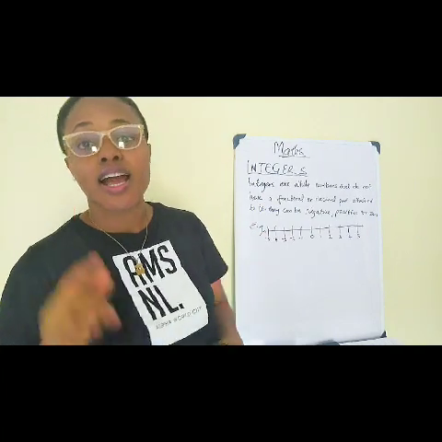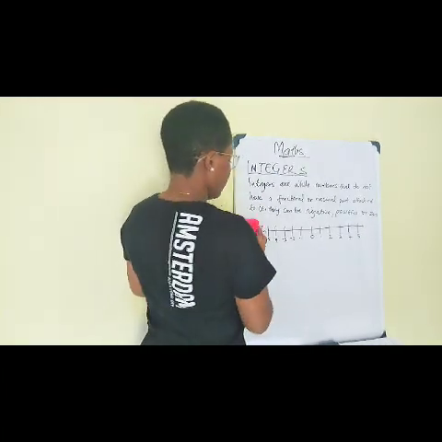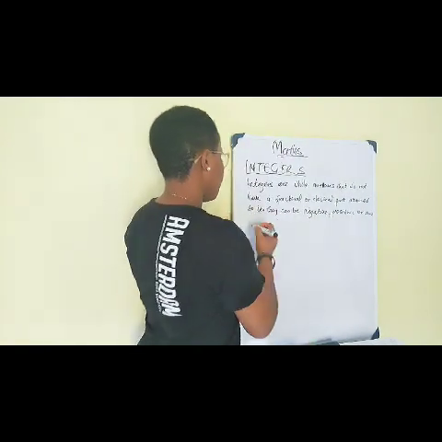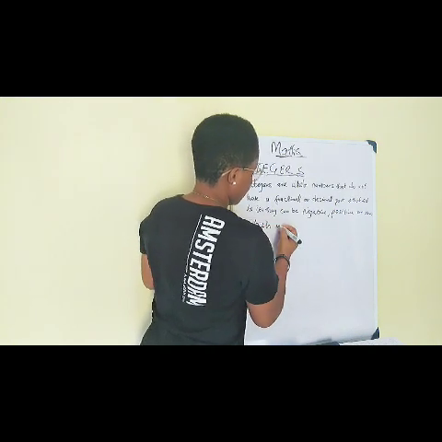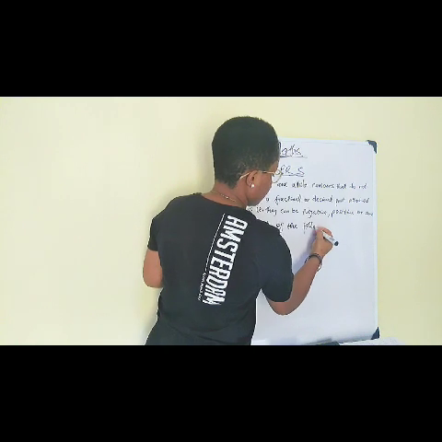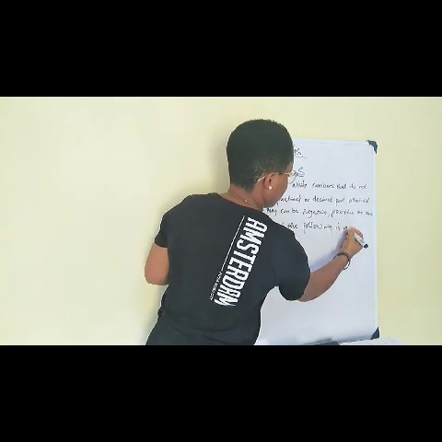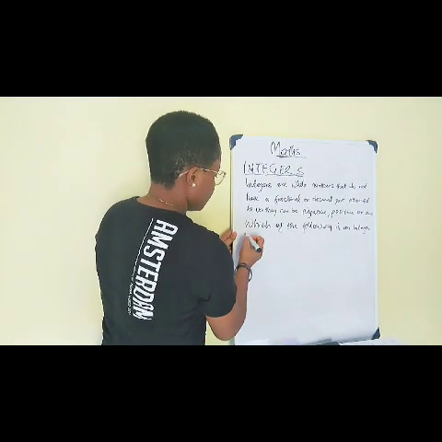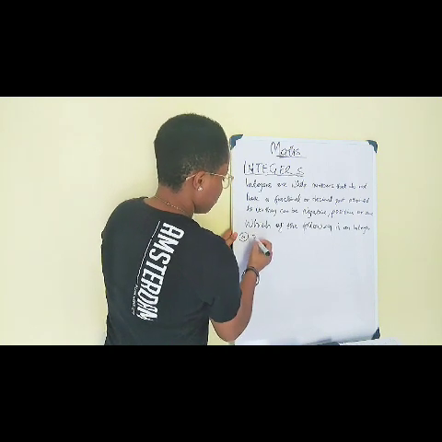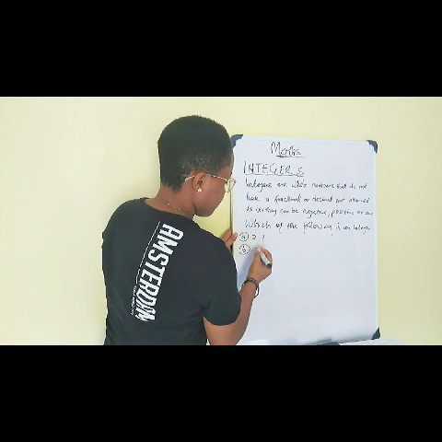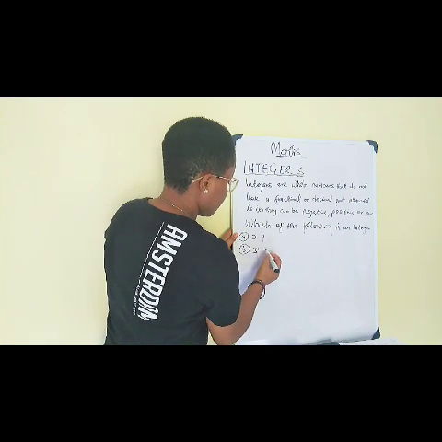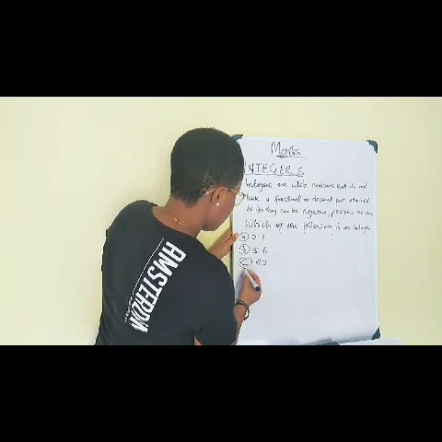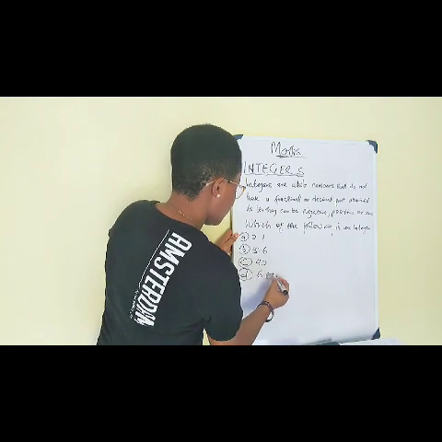Let's see if we can identify integers. So let's say you have a question like this. Which of the following is an integer? You have the options A, 2.7, B, 31.6, C, 42, and then D, 6.8.